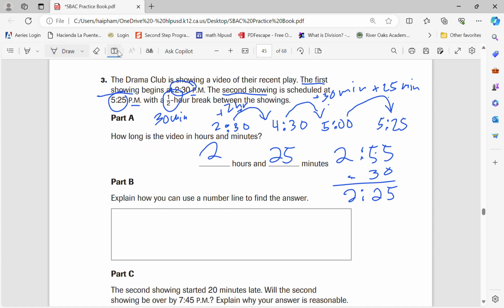Oh, don't you love these type of problems? There are so many different segments to one task or question. Part B states, explain how you can use a number line to find the answer. That's exactly what we did.